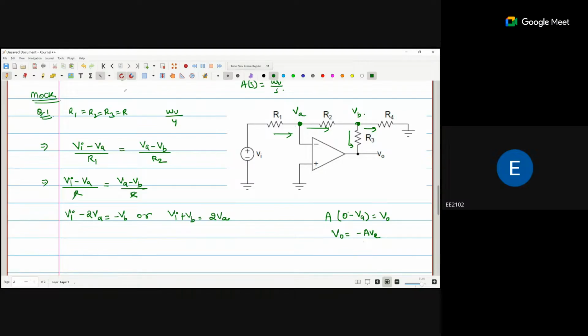Okay, now we apply the KCL at node B. So (VA minus VB) upon R2, incoming current, will be equal to (VB minus V0) upon R3 plus (VB minus 0) upon R4.